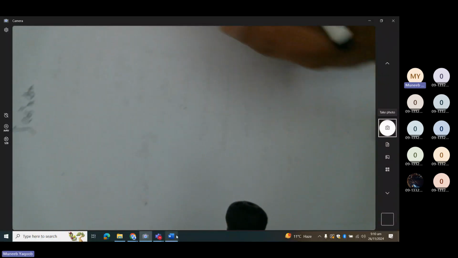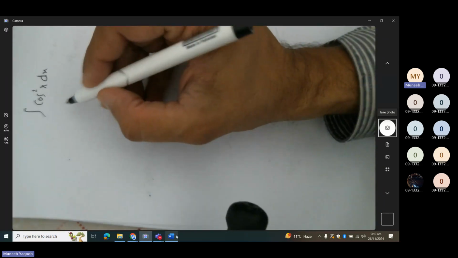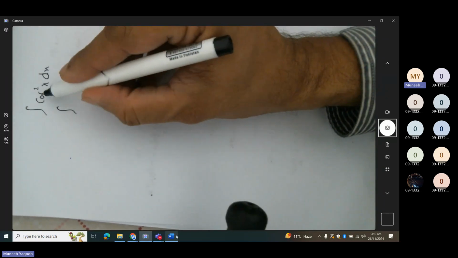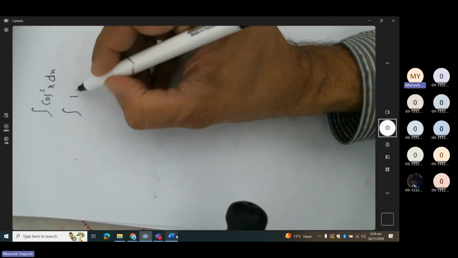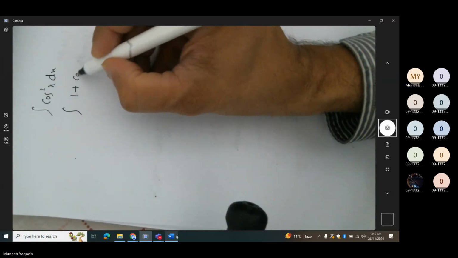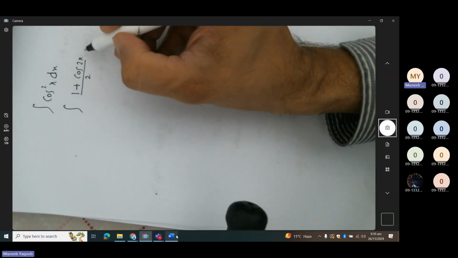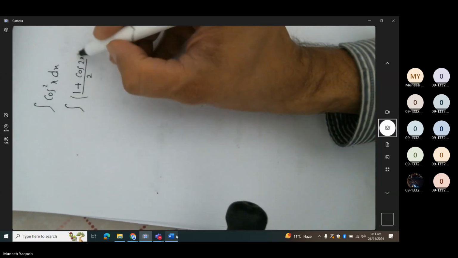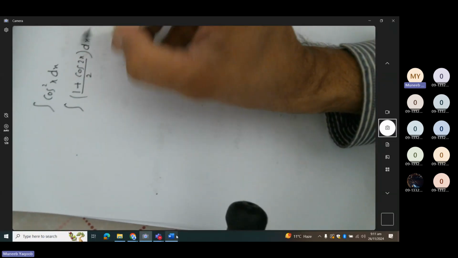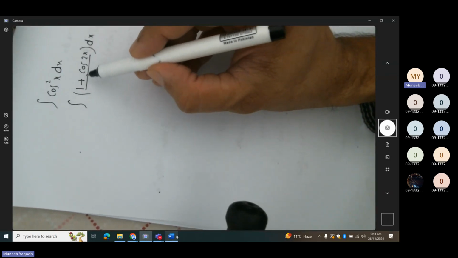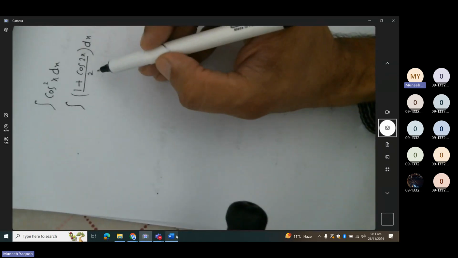So how will we integrate cos square x? Again, we will use a trigonometric identity, that is cos square x equals 1 plus cos 2x whole divided by 2. So in place of cos square x, we use the identity 1 plus cos 2x whole divided by 2.